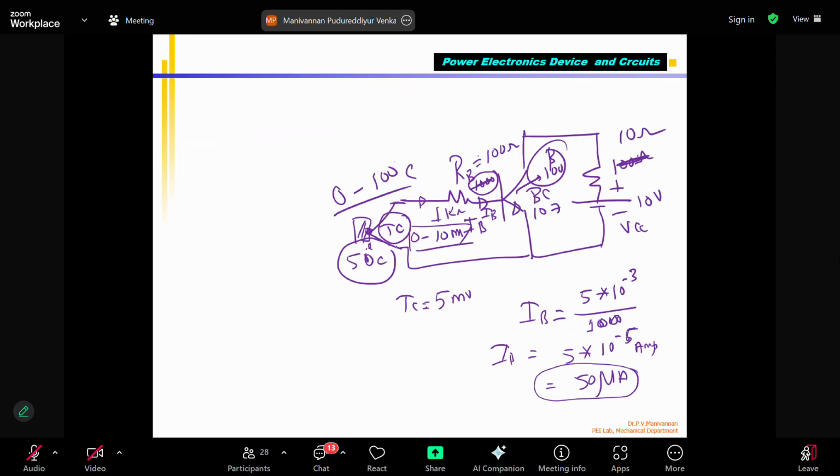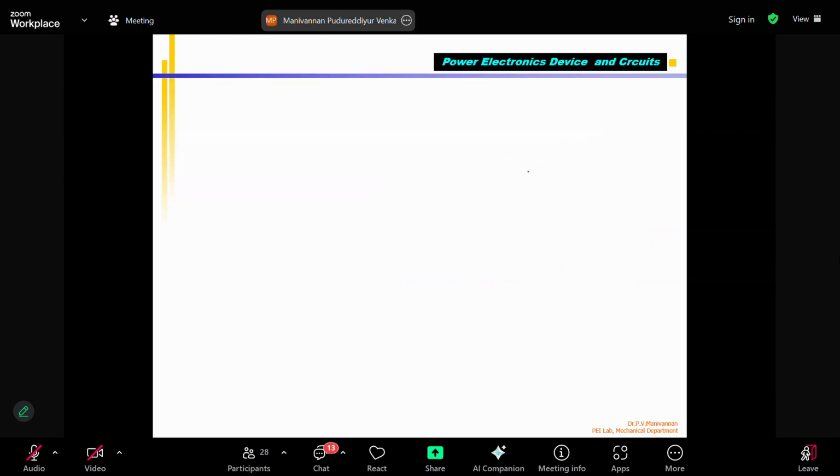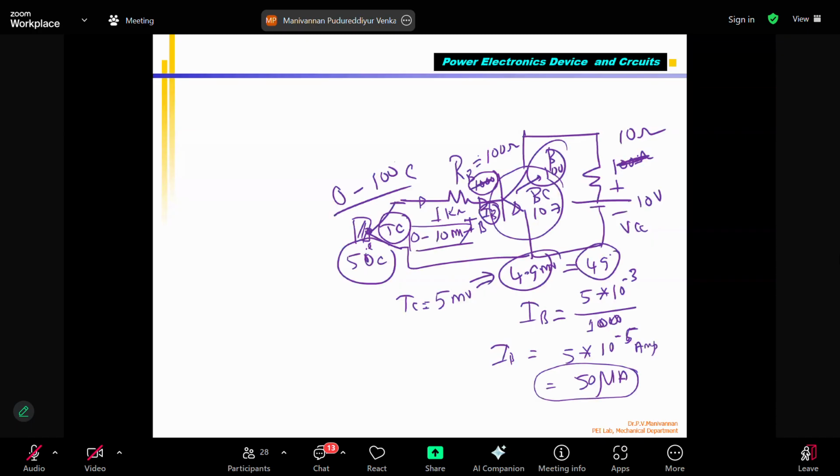So if 50 microamps of current is taken as a base current by the transistor amplifier, what will happen? This 5 millivolts will be reduced to, for example, 4.9 millivolts. So the output coming is reduced because of the loading effect of the transistor, because the transistor consumes base current, because it's a current amplifier.